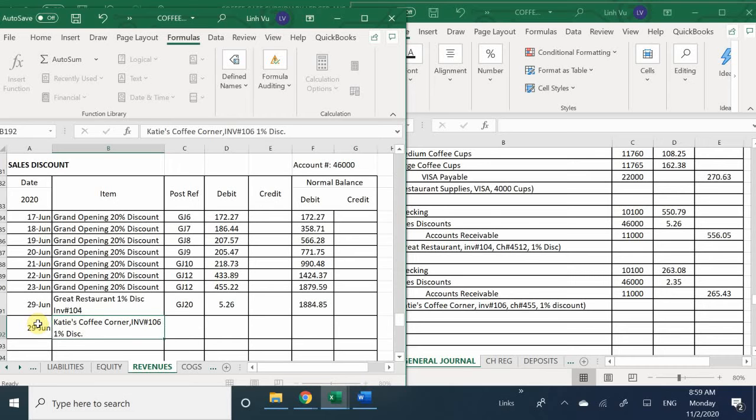Discount. I have GJ 20, debit 2.35. That comes to 1887.6. Good.